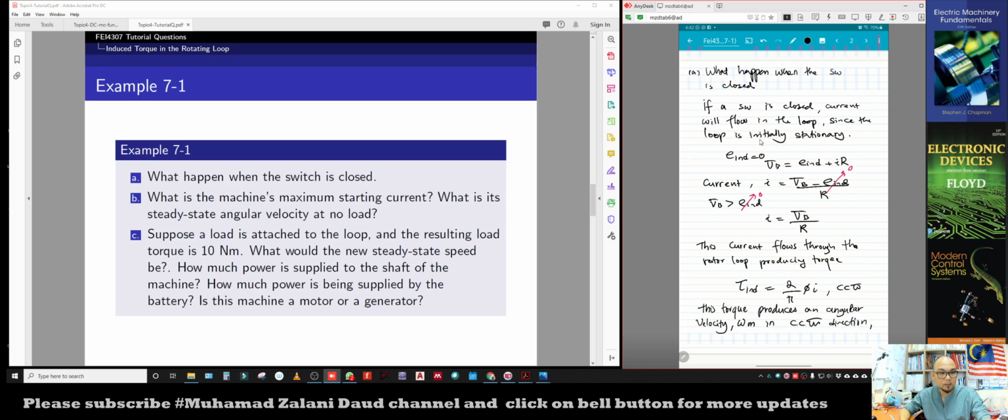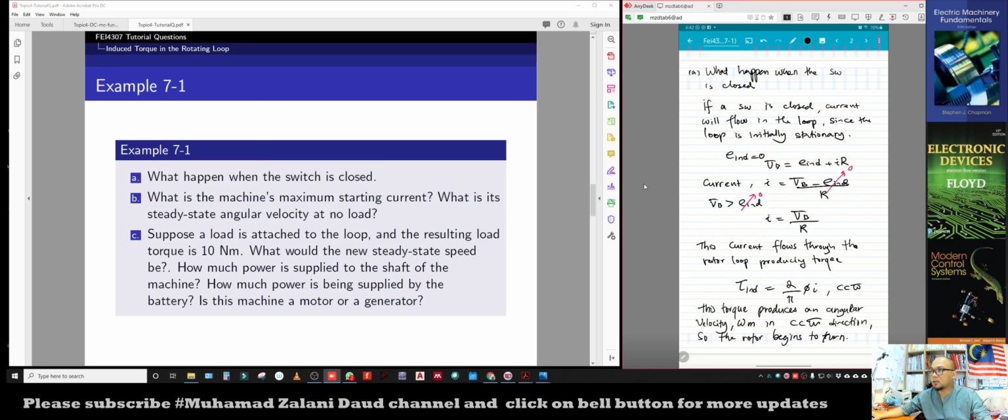So the rotor begins to turn. Okay, so the rotor begins to turn counterclockwise.